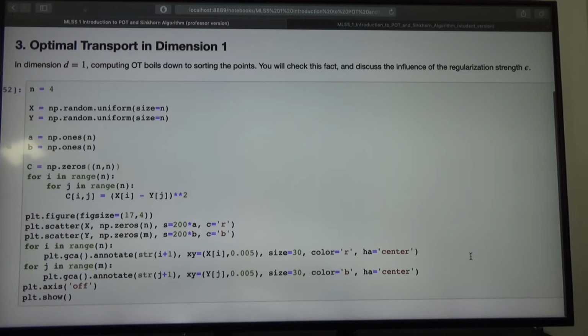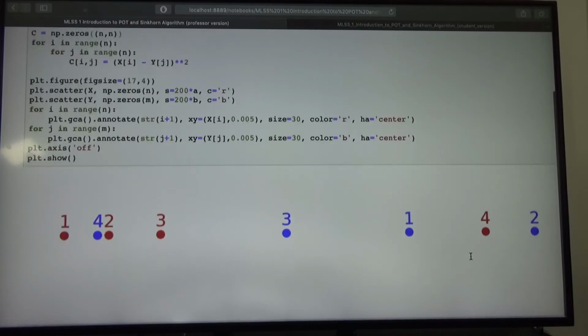You can actually compute it very quickly in an n log n algorithm. Why? Because you just have to sort the points. So in one dimension, you have those points. Let's say here, to be very simple, 4 blue and 4 red points with unit mass. And then we know by the theory that the optimal coupling will be just by sorting the points.